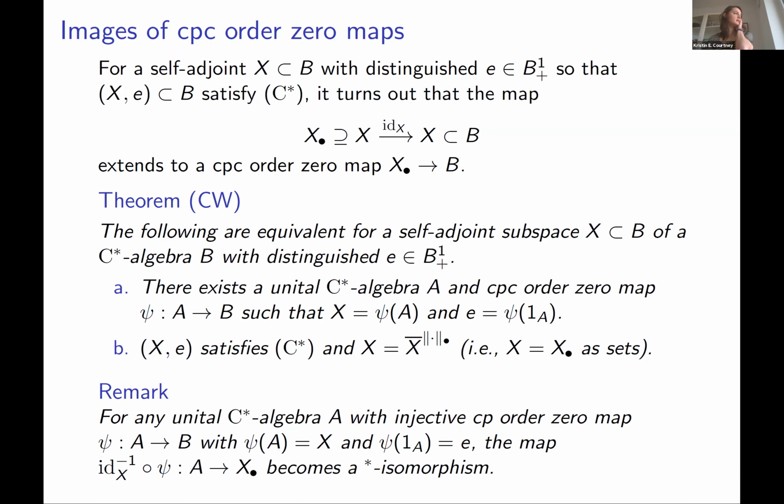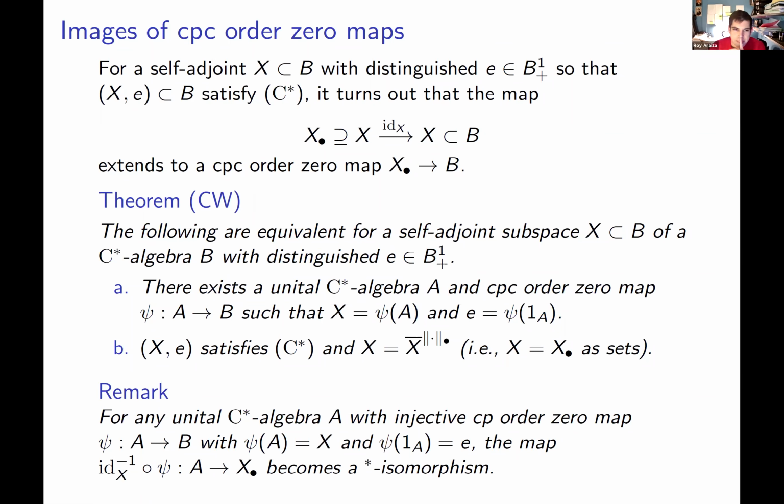Let me think. It's a little bit tricky here because secretly you can think of X as an operator system. You have to think of it as an abstract operator system, of course, because it's non-unital in this setting. But it turns out that in this setting, I can't remember exactly if I need to throw in one or two extra criteria, but X bullet is actually the enveloping C-star algebra for that abstract operator system.